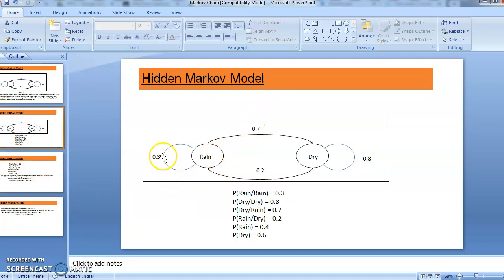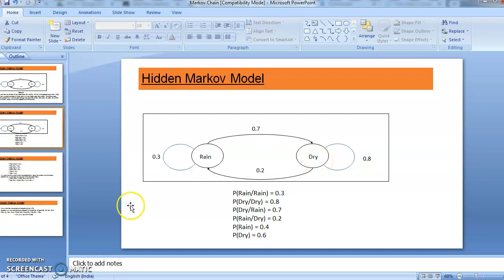So 0.7 plus 0.3 for the hidden state rain is 1, and similarly 0.8 and 0.2 for the hidden state dry. The sum of transitional and emission probability is always 1.